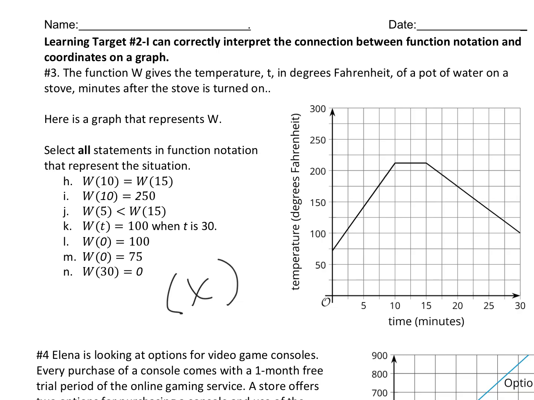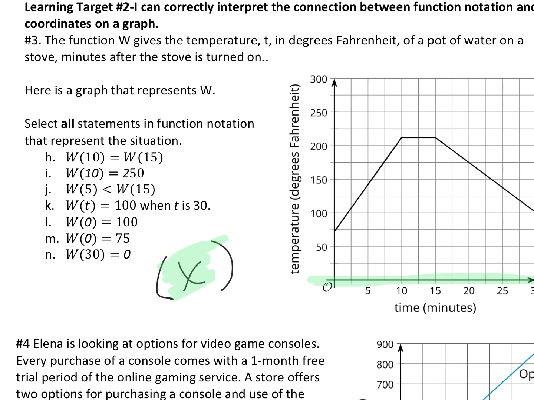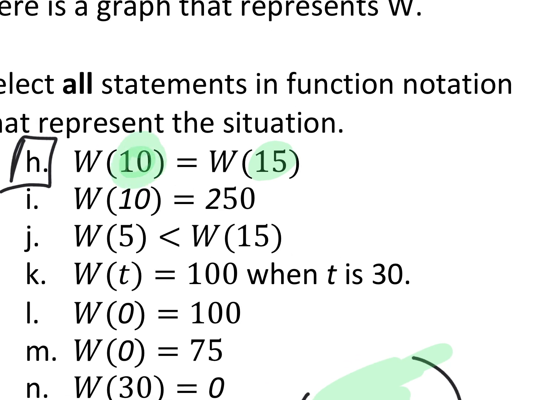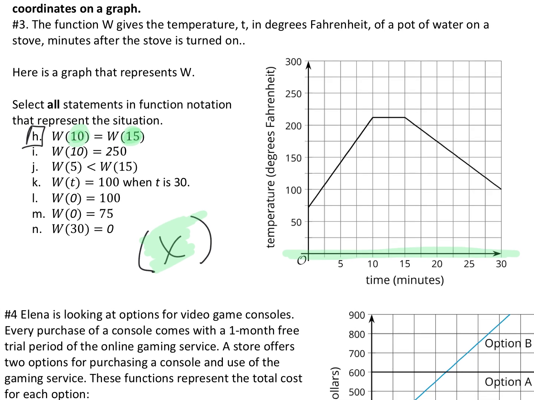So the key point of information we need here is that your x value is the number that is in the parentheses. And letter H is correct. And letter H is correct because if I look over at my graph where x equals 10 and x equals 15, so I'm going to zoom out here.